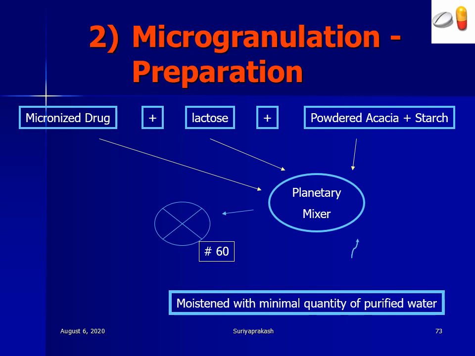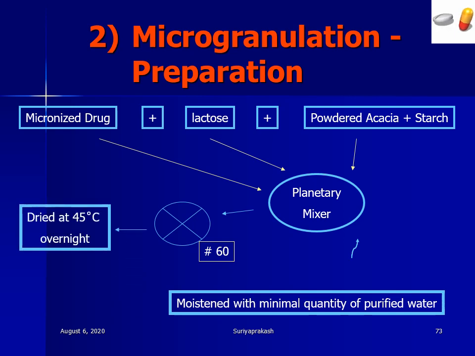Then from this you pass through sieve number 60. Once you pass through sieve number 60, you will get very small granules. These small granules are dried at 45 degrees centigrade and left overnight. That is, no accelerated drying. Set the drying at 45, not room temperature.